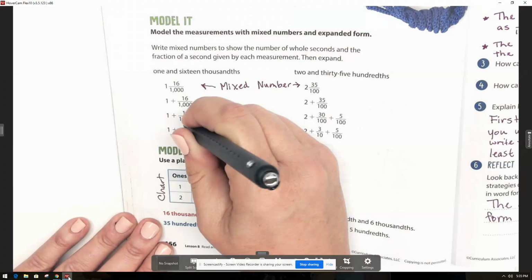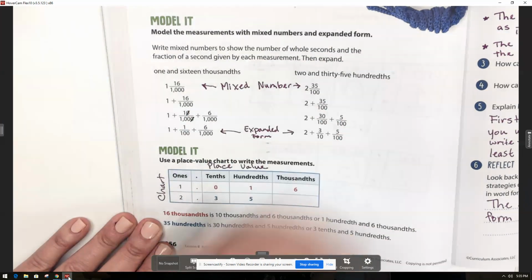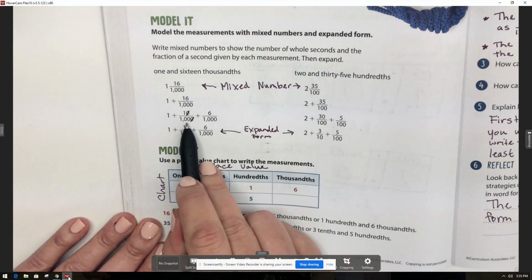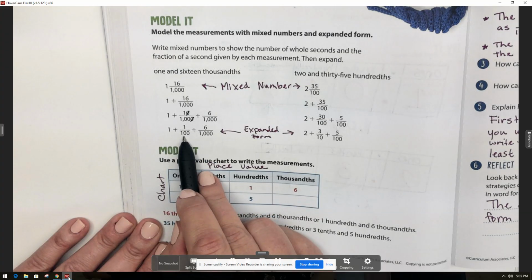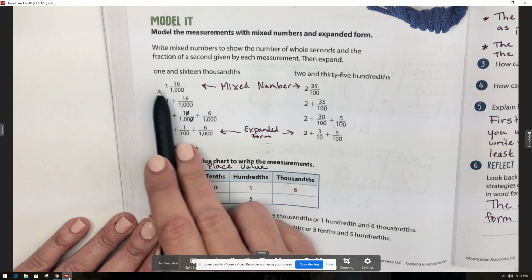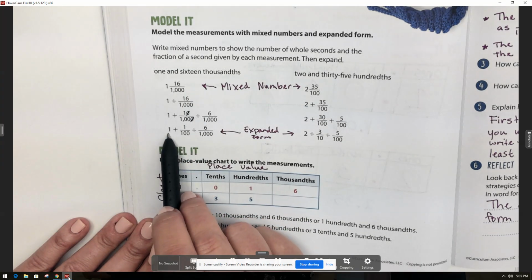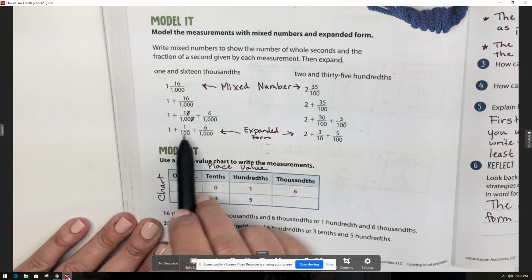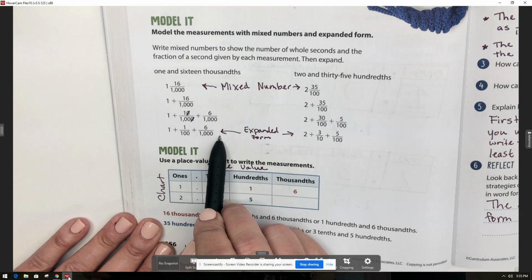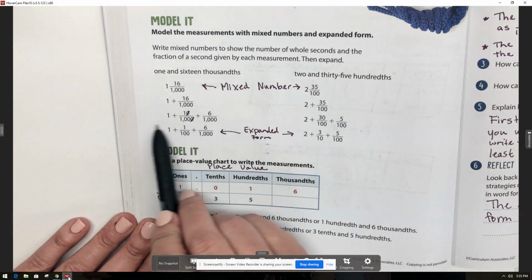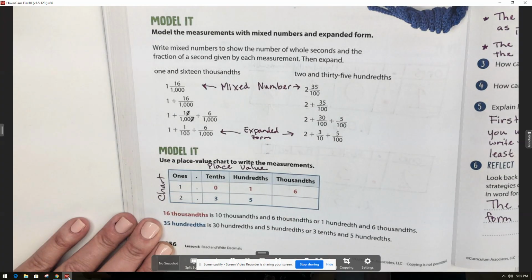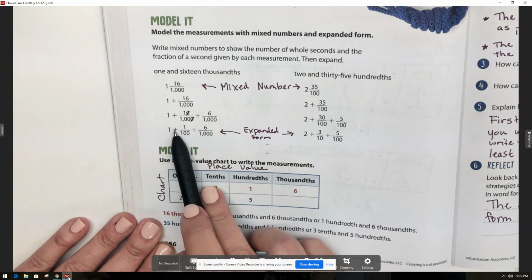So if we take 1 zero off the top, we can take 1 zero off the bottom, which makes this 1 hundredth. So 1 and 16 thousandths is the same as 1 plus 1 hundredth plus 6 thousandths. So that is how we would write 1 and 16 thousandths in expanded form.